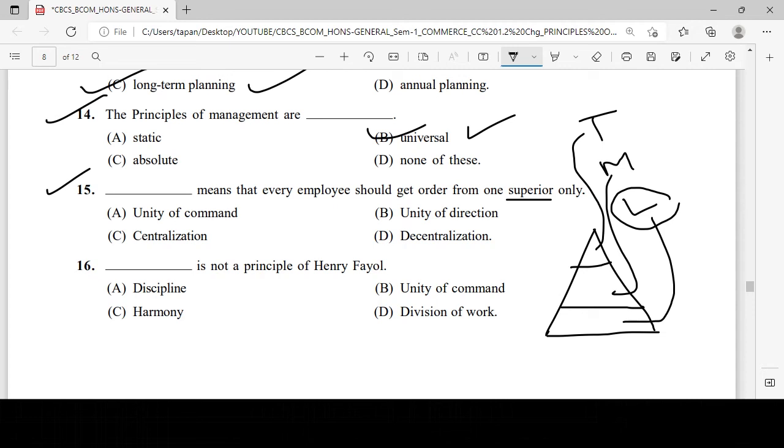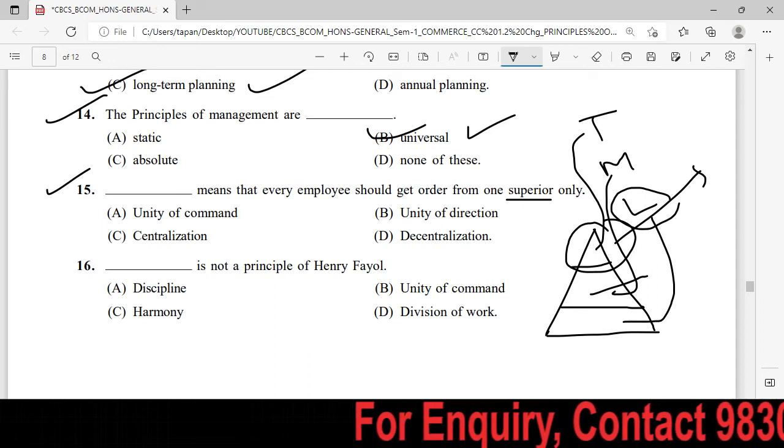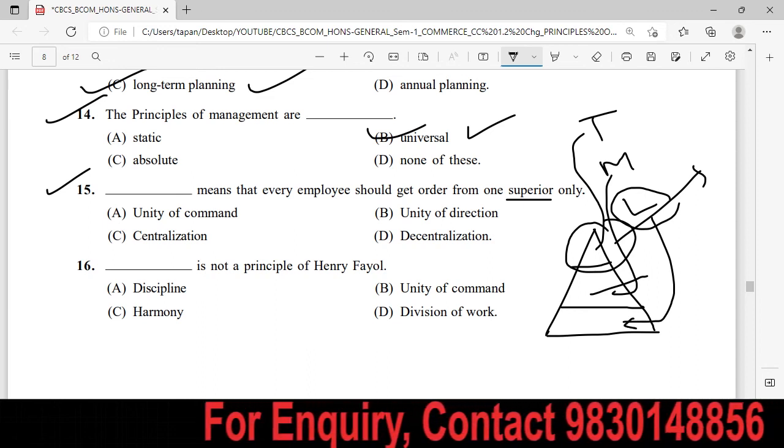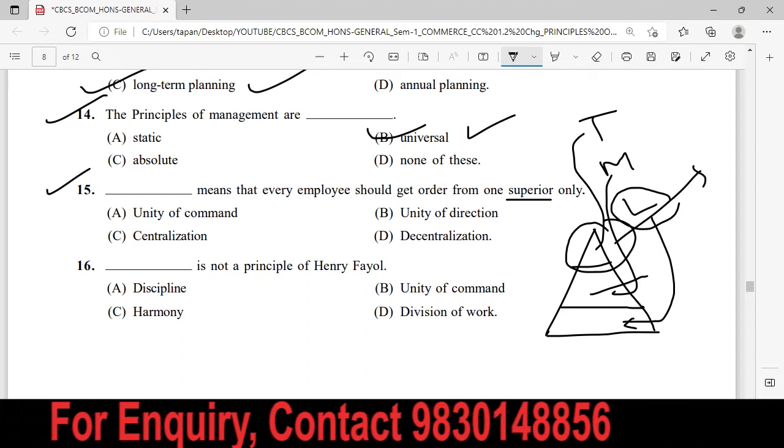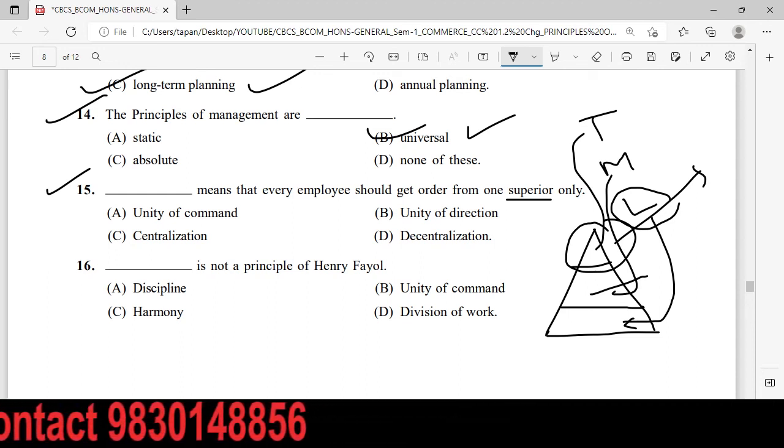And ultimately, when you go to top level management, only some people are engaged here. Only the board of directors are here. In middle level management, all officers, suppose sales officer, purchase officers, etc., are there. In lower level management, only supervisors, gang leaders, such personnel are put.